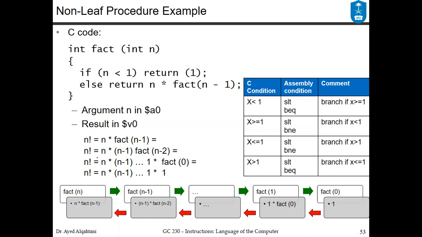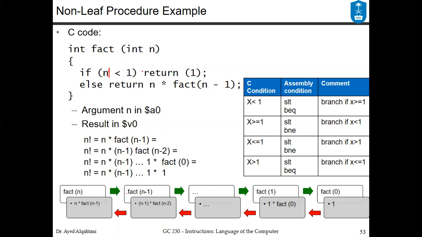So to understand this, what happens is you called factorial n, and then factorial n won't satisfy this condition, so you call factorial n minus 1, and you keep calling until you reach factorial 1. In factorial 1, you come here, 1 is not less than 1, so you do the false path. And you keep calling, and this time you will call factorial 0.